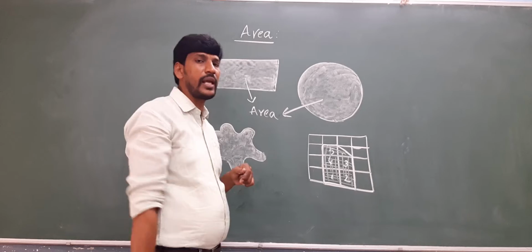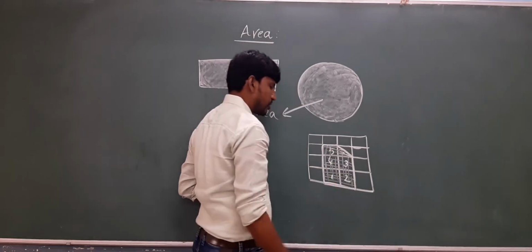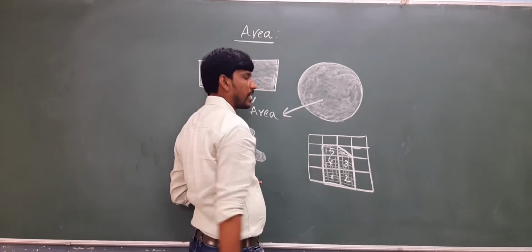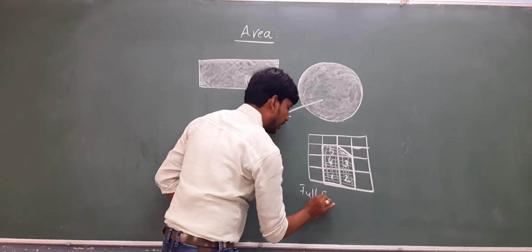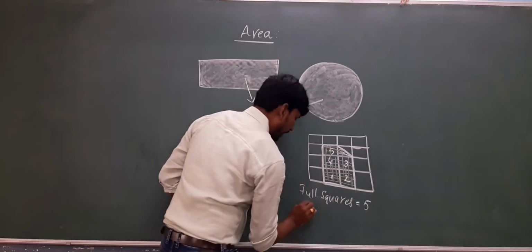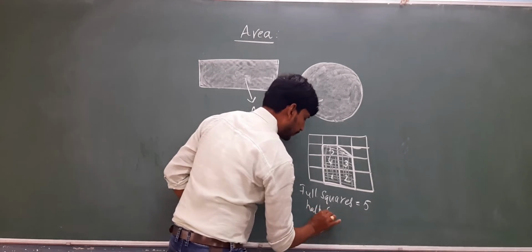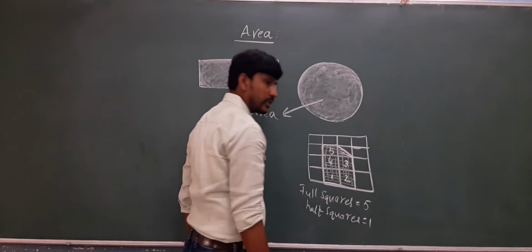Exactly half of the part is shaded. Clear, my dear? So totally 5 full squares are there and 1 half square. Total is how much?